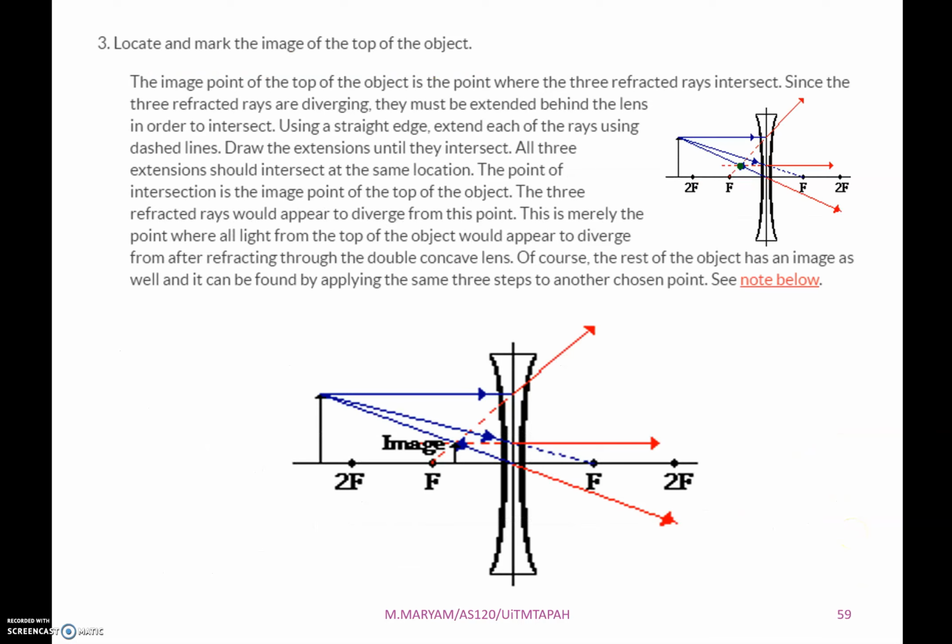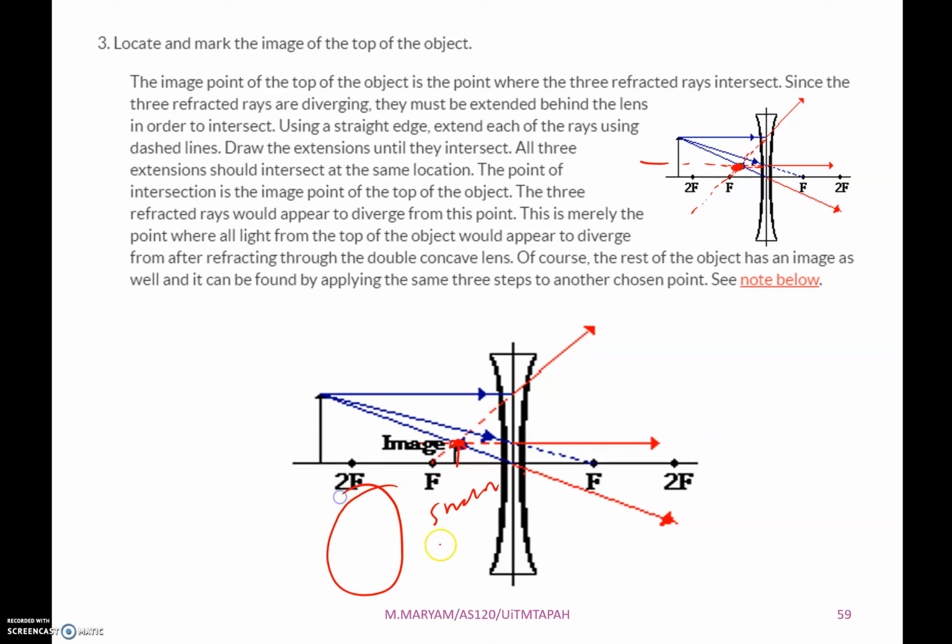And how do you draw the image? From the diverging line, just pull the line towards the back of the lens. So this is the point of intersection, where you can see your image is much smaller.